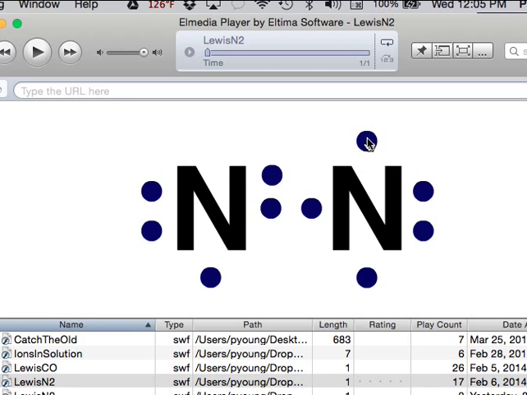I'll grab this guy, move it in like that. Now if we add them up, I have 1, 2, 3, 4, 5, 6, 7 on each nitrogen. I can fix that by doing that. Now I have 3 sets of shared electrons and 1 set of unshared on each nitrogen.